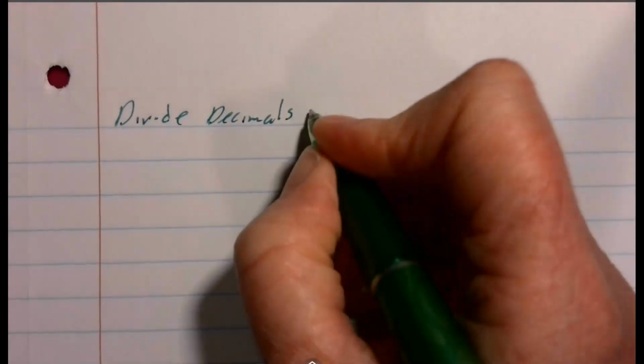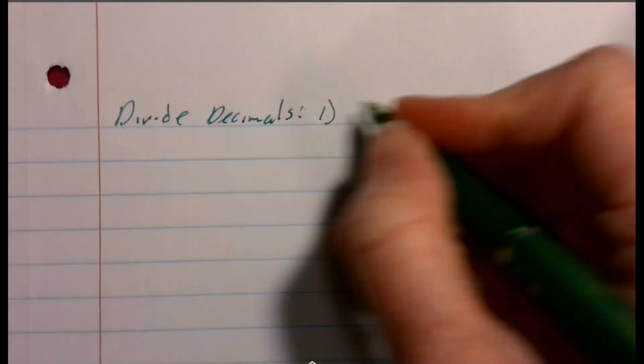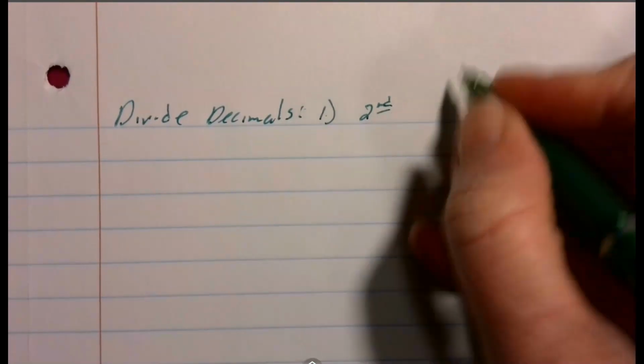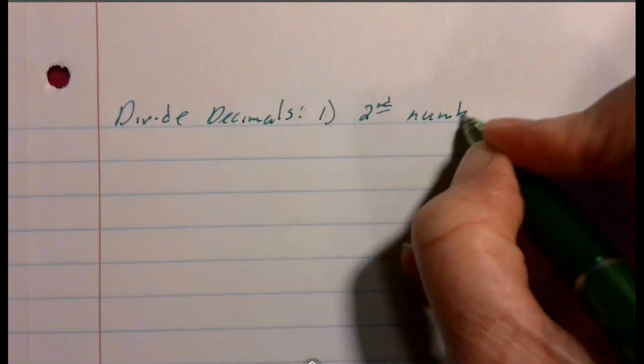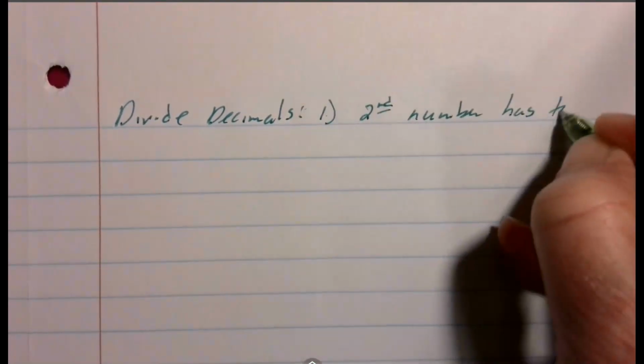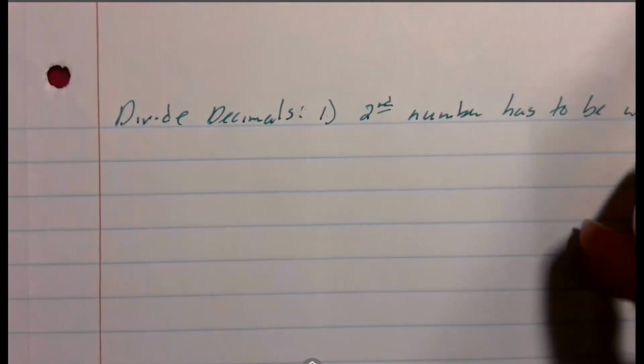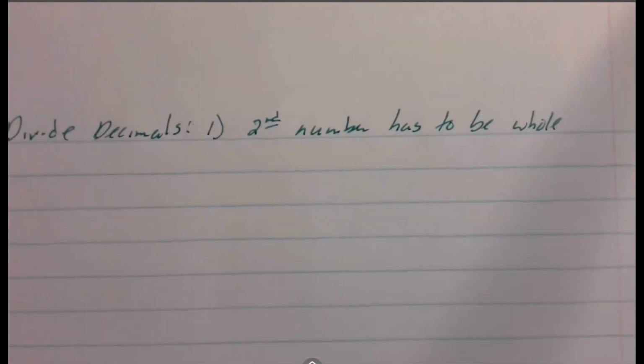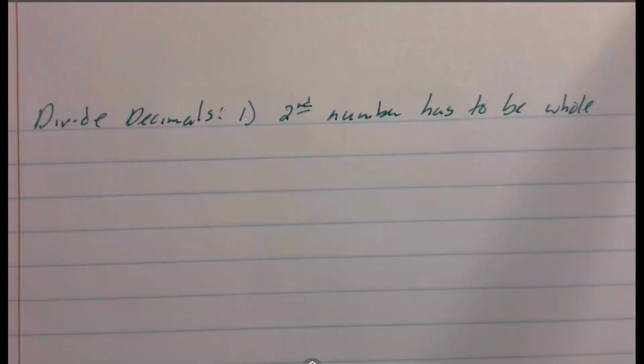Next page. So moving on to divide decimals. What you have to keep in mind for dividing decimals is the second number has to be a whole number. So if I were making notes, I might actually say, change second number to a whole number.